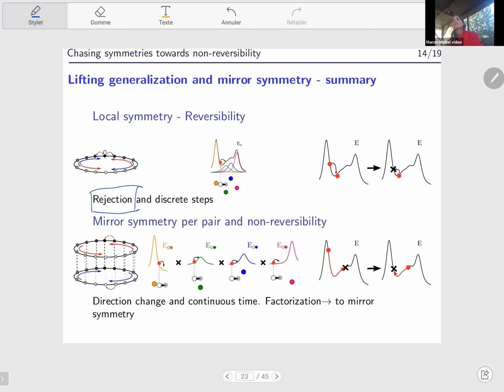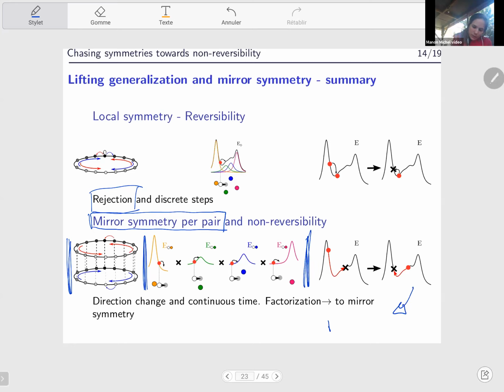And here, we are not there yet. It's still some kind of very strict symmetry, okay? And it is specific to potentials that have this kind of mirror symmetry. But we have some tools. We have the lifting, we have the factorization, and we have this continuous time implementation.